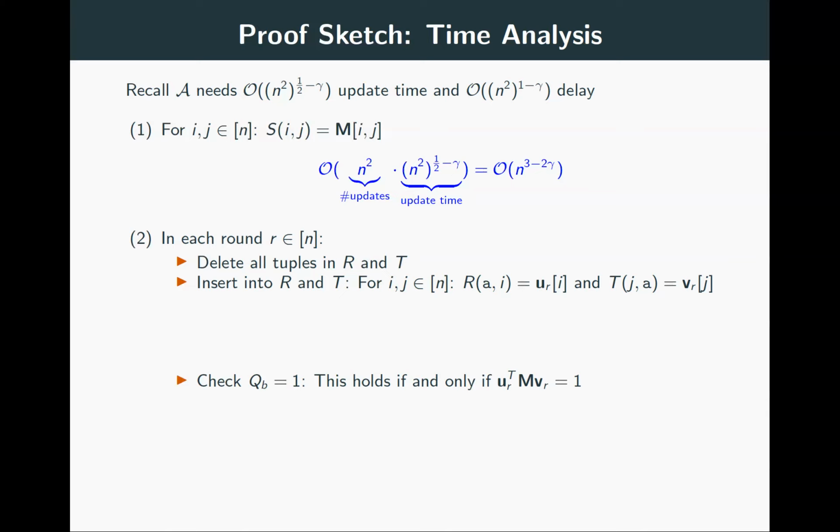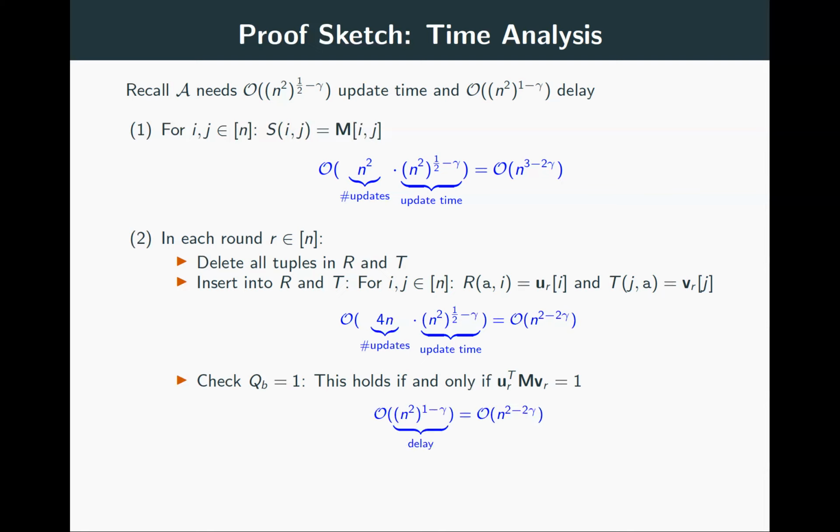In each round we have to delete from and insert into both R and T, which is 4 times n at worst. For each such update, this is the time to do the update, which becomes n to the power of 2 minus 2 gamma. So that's the time per round to update the relations R and T.